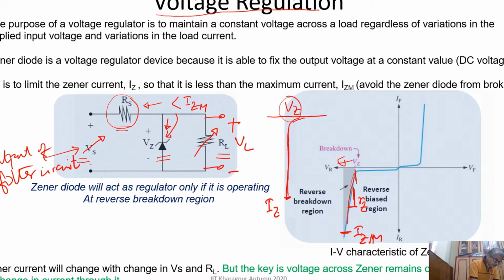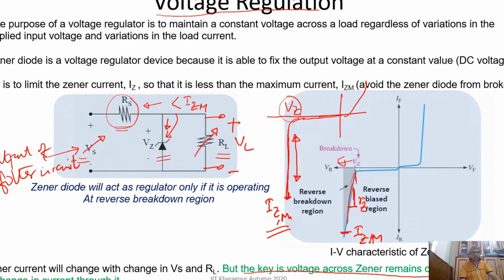But the important point is that current can vary through the Zener, and we have to make sure that current is below this IZM. So the key is that the voltage across the Zener remains constant even if there is a change in current through it. That's the main important point when we are using the Zener as a voltage regulator.